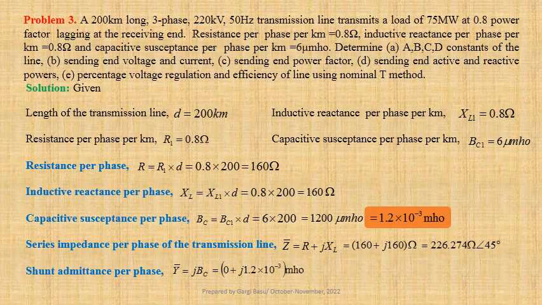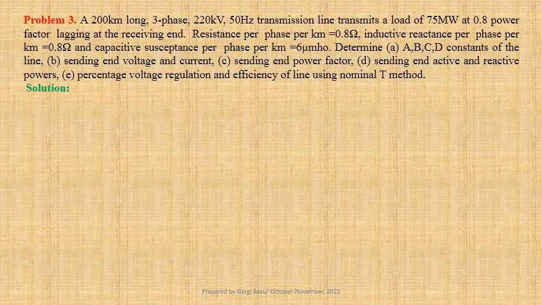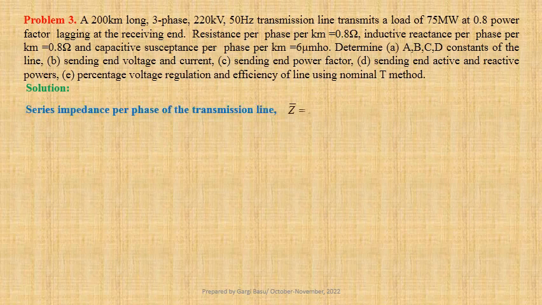This may be written in polar form as 1.2 into 10 to the power minus 3 mho at an angle 90 degree. We have obtained series impedance per phase Z equals 226.274 ohm at an angle 45 degree, and shunt admittance per phase Y equals 1.2 into 10 to the power minus 3 mho at an angle 90 degree.